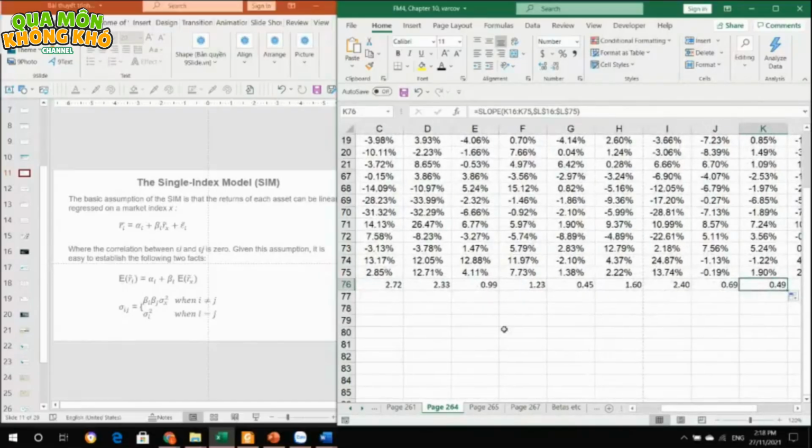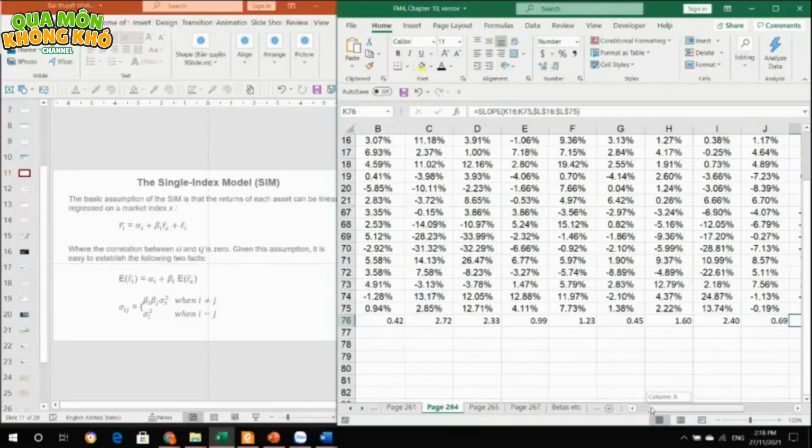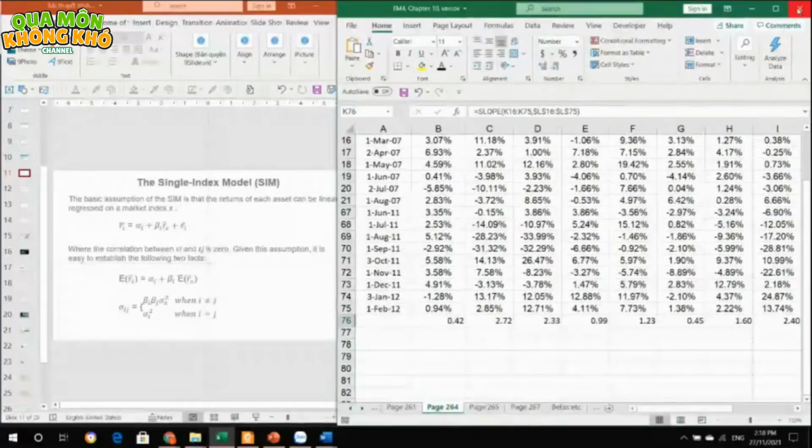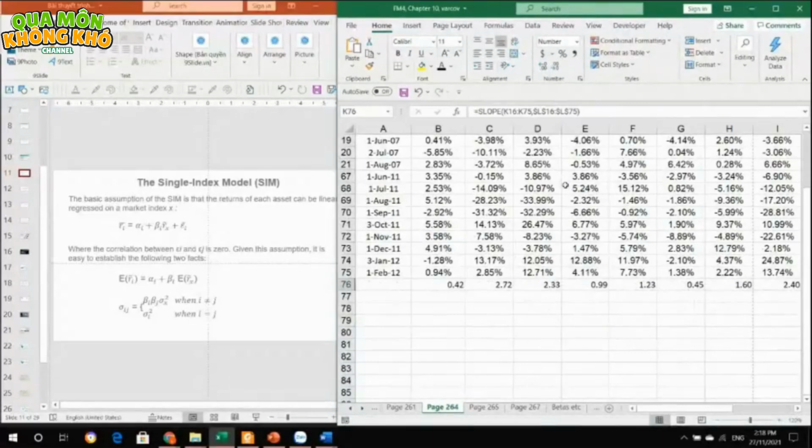So you must build a table to apply this formula, with the row being beta i and the column being beta j.